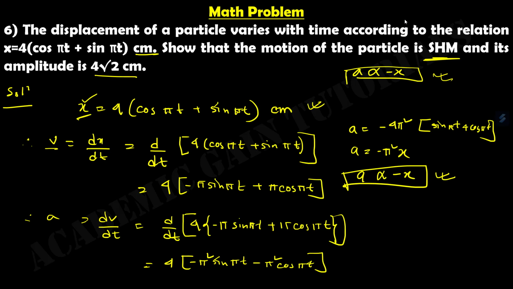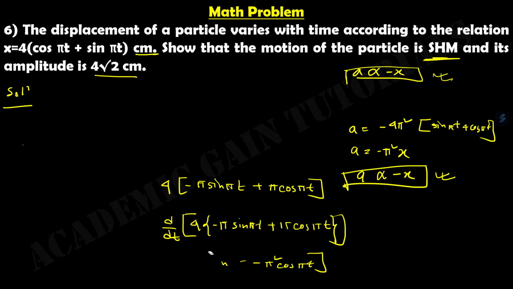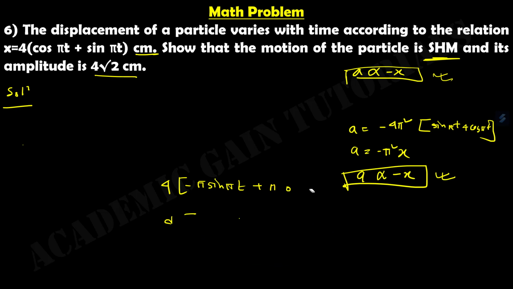So we just saw that this equation is a simple harmonic motion equation. Now coming to the second part, I have to show that the amplitude of this equation is 4 root 2 centimeter.